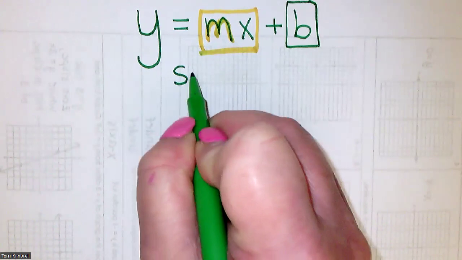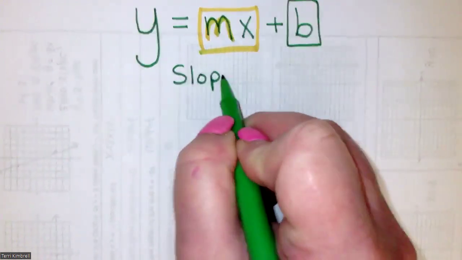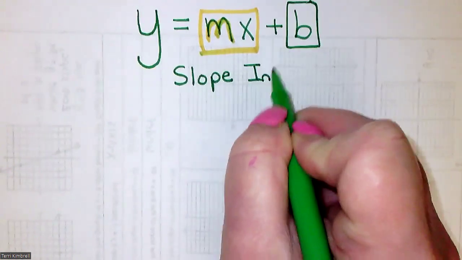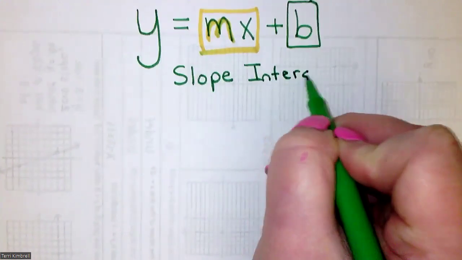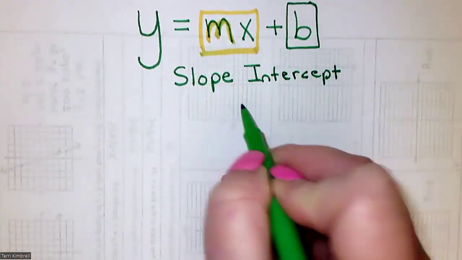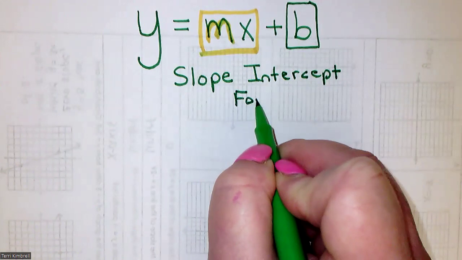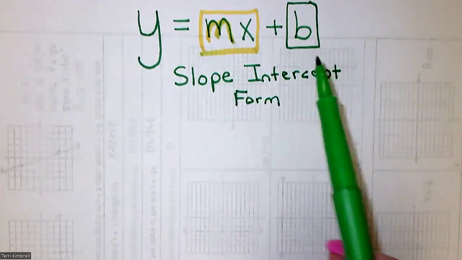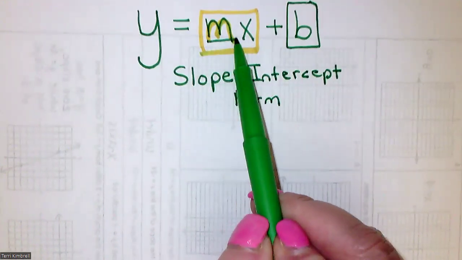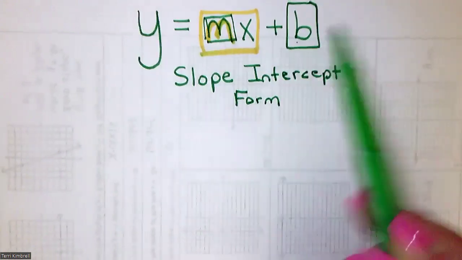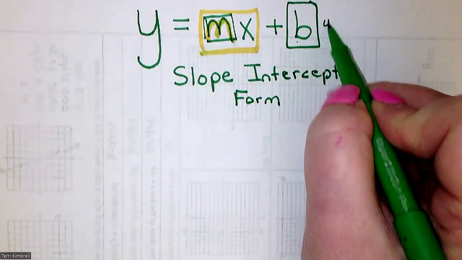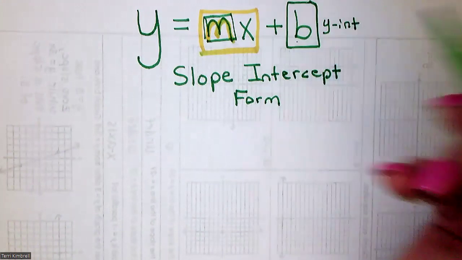If you remember, this form is called slope-intercept form. And the reason it's called slope-intercept form is because you're able to get the slope, and that intercept is your y-intercept.